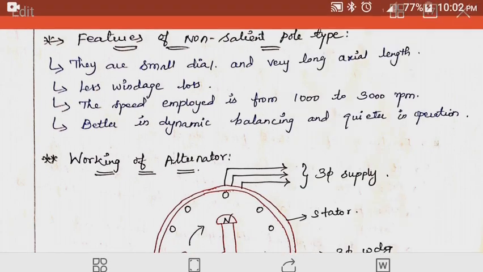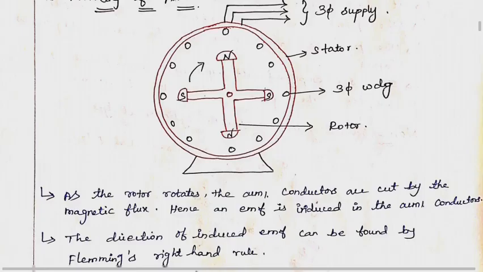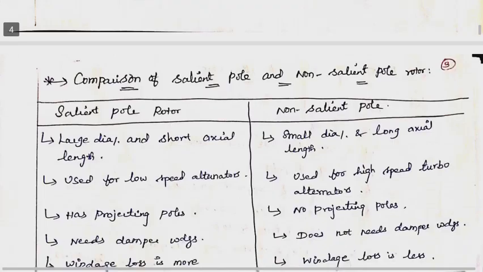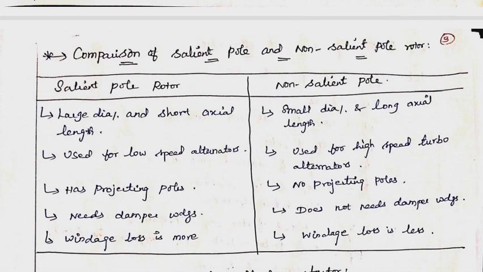Now we will see the major differences between salient and non-salient poles. The salient pole has a large diameter and a short axial length, but the non-salient pole has a small diameter and a long axial length. Salient poles are used for low speed alternators, but non-salient poles are suitable for high speed turbo alternators. Salient pole rotors have projecting poles, but non-salient poles are not projecting.